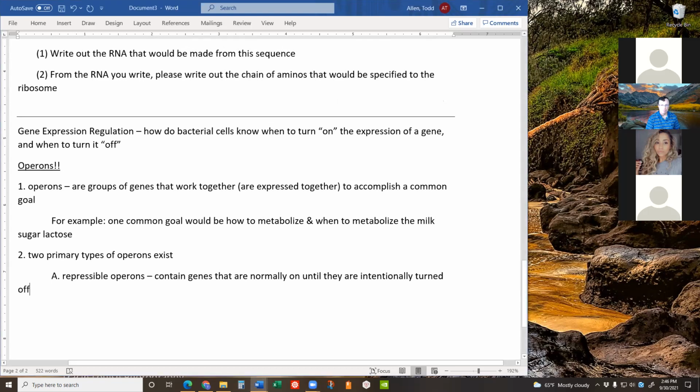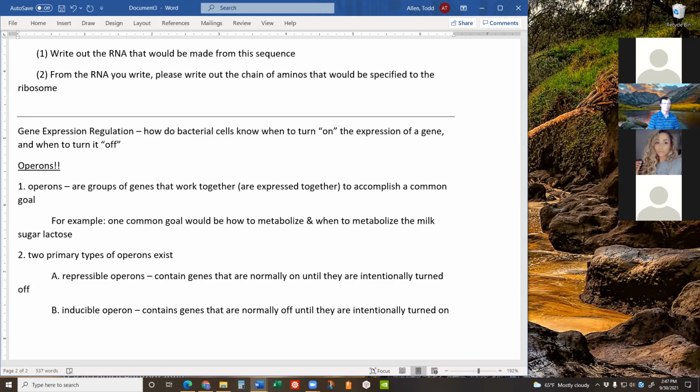The other type of operon that exists is an inducible operon. An inducible operon contains genes that are normally off until they are intentionally turned on.